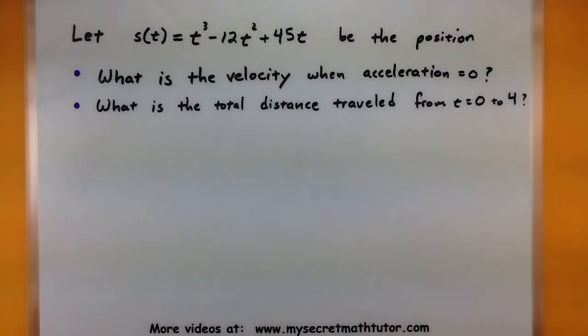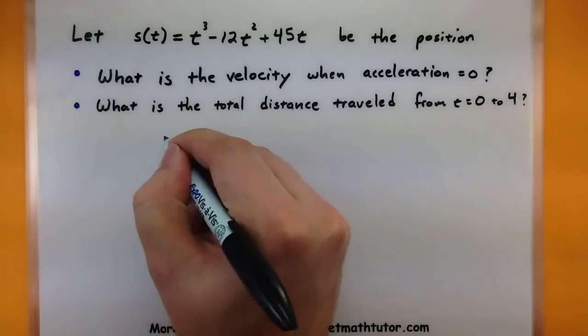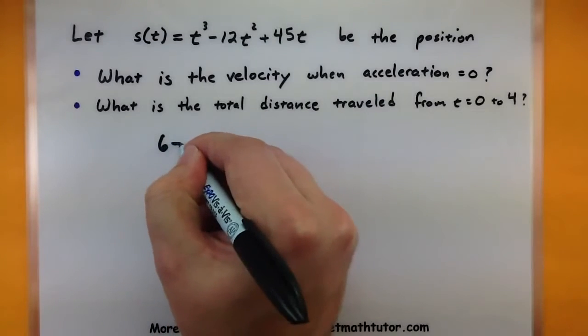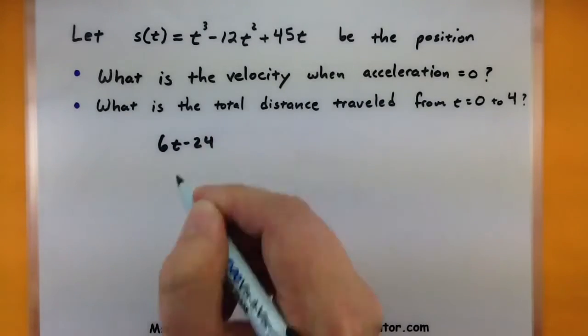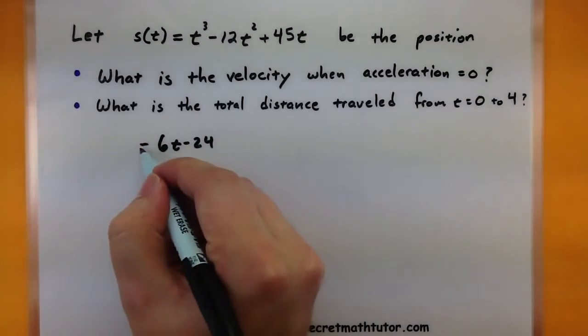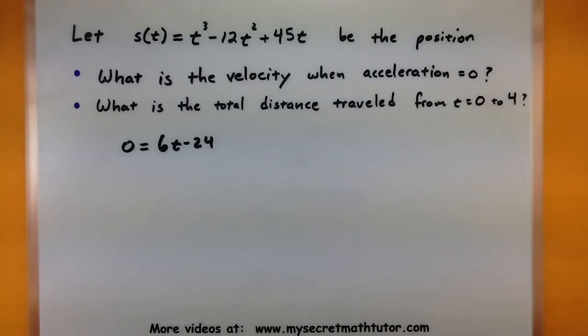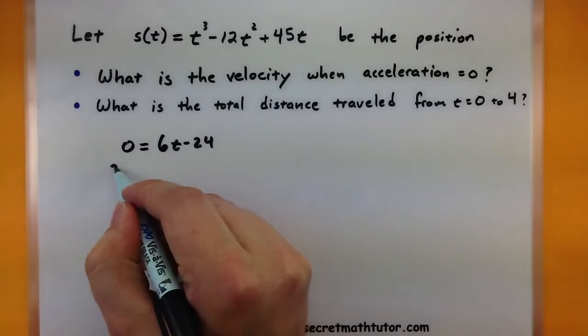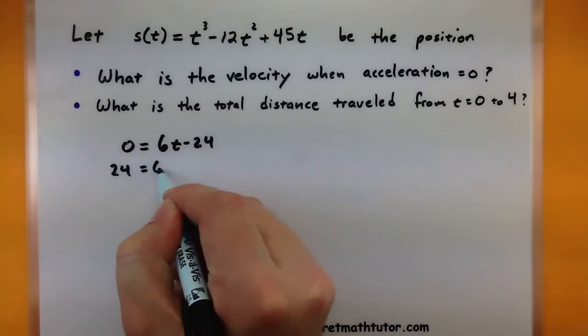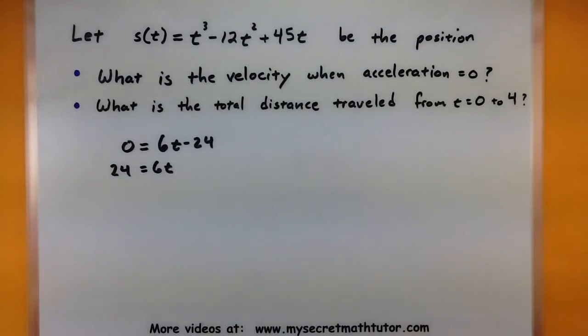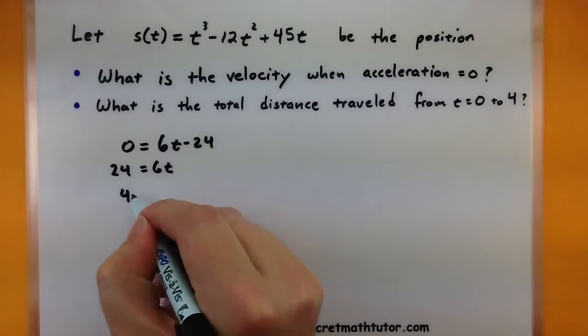When is the acceleration equal to 0? So our acceleration was 6t minus 24, and we want to know where this is equal to 0. Solving this, I can move the 24 to the other side, and then divide both sides by 6, giving me a 4.